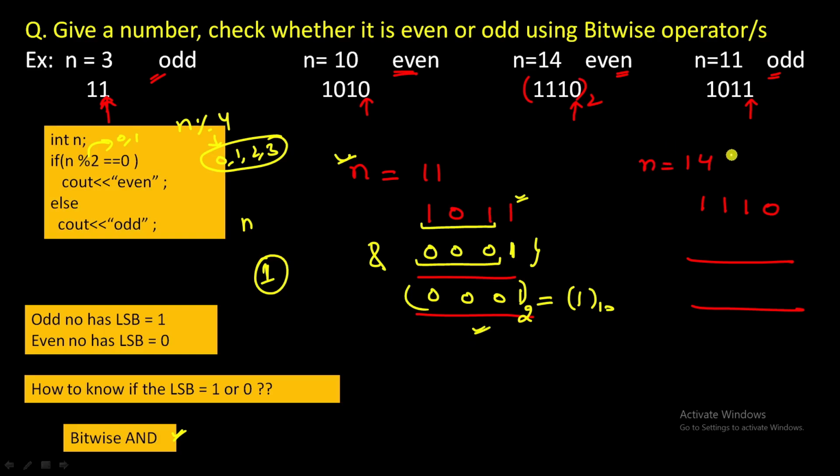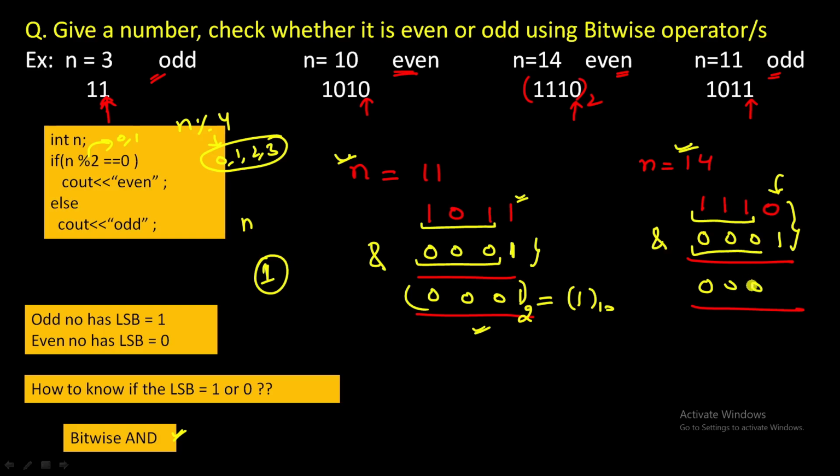Now let's apply the same thing on an even number. Let's say we take n equal to 14, and we apply the AND operator with the mask 1. I am just observing what will be the value of the 0th bit. All the other bits will become 0 using the bitwise AND.